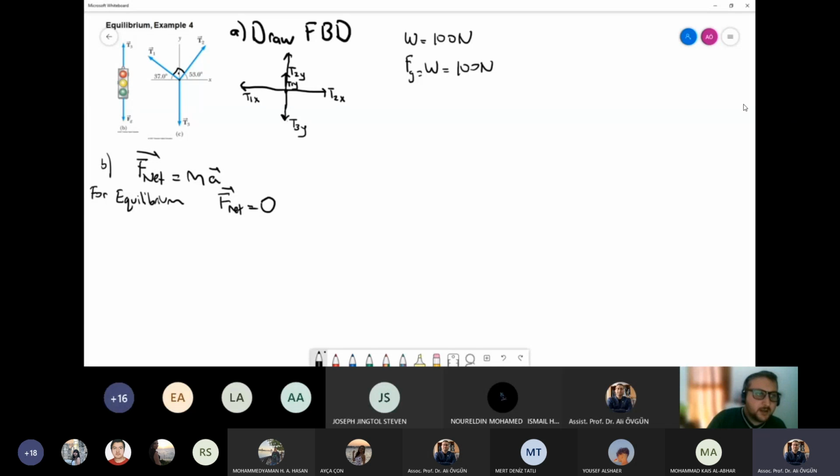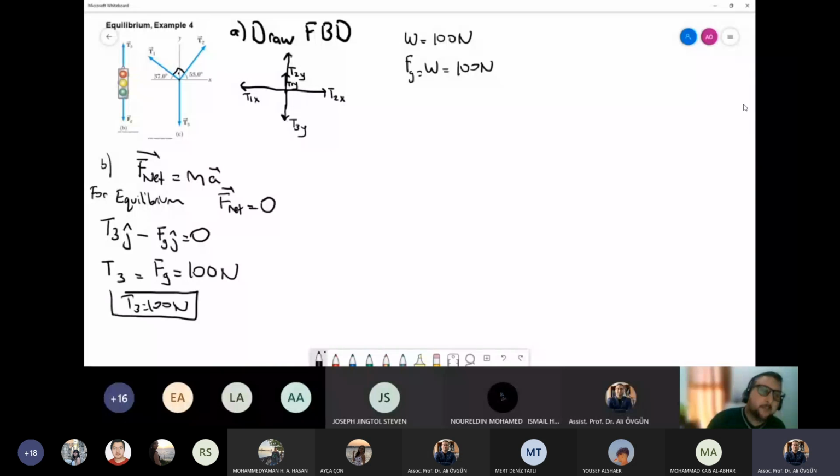So after that, you must write the net forces: T3 j hat minus Fg j hat equals 0. From here, you can find that T3 is equal to Fg. And what is the value of Fg? 100 Newton. So T3 is equal to 100 Newton as a magnitude. Okay, first of all, we found the value of T3.